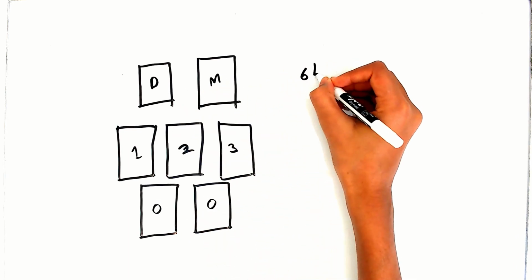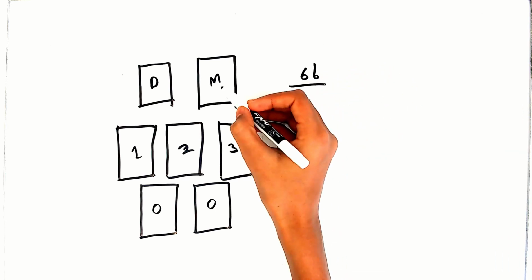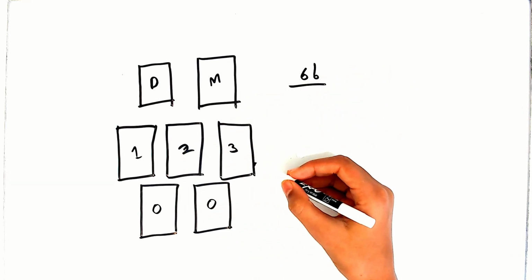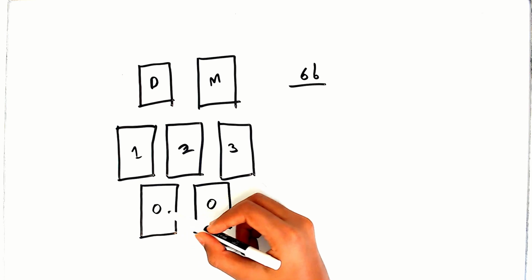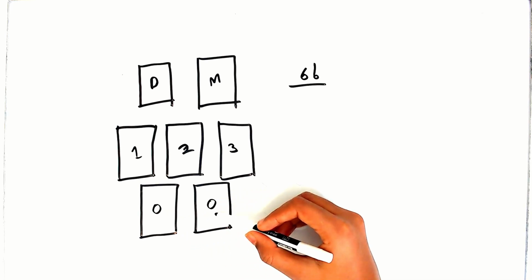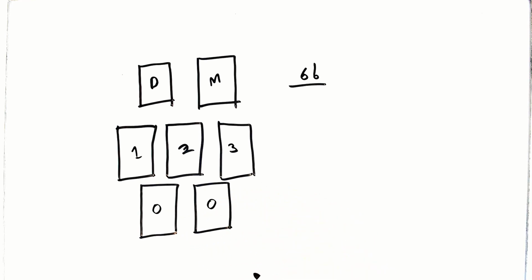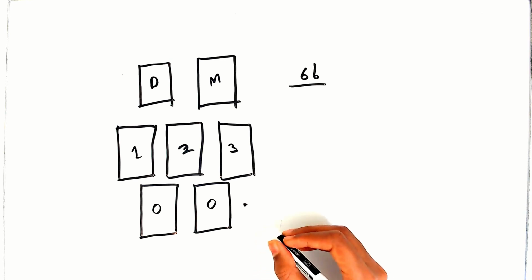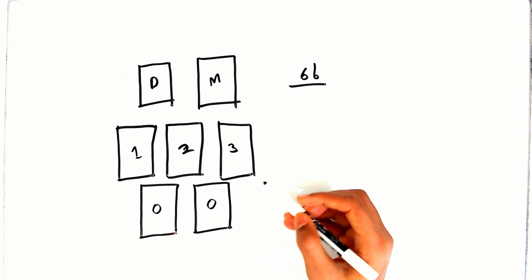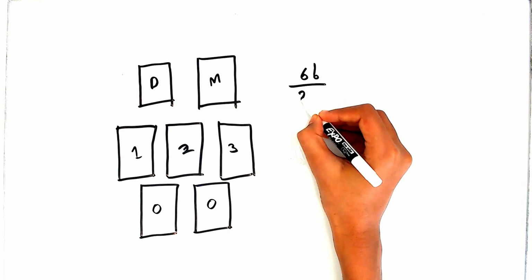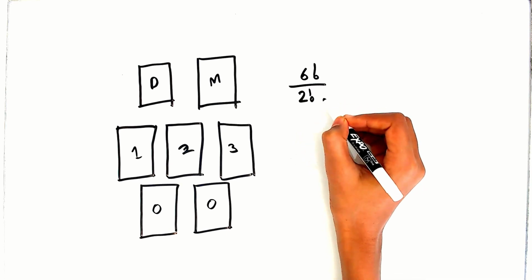We know, so here there are 6 seats remaining in the car without the dad. So 6 factorial divided by, so we have the mom and the 3 kids. But we have 2 zeros over here. So if we have 2 zeros, that means it must be divided by 2 factorial.